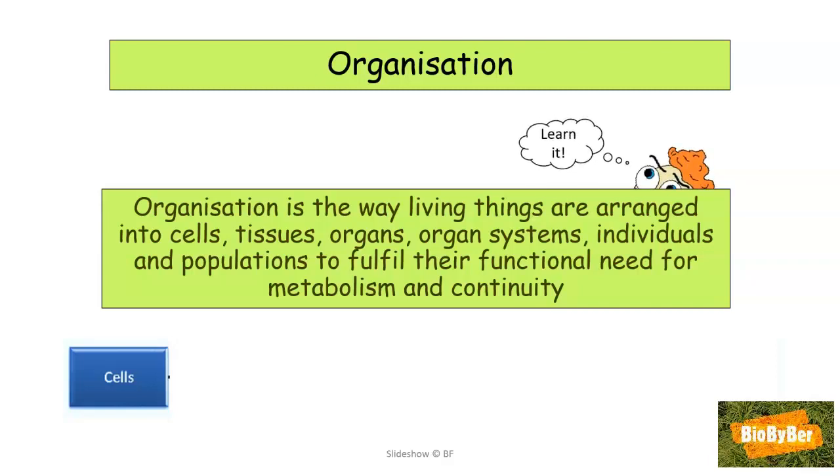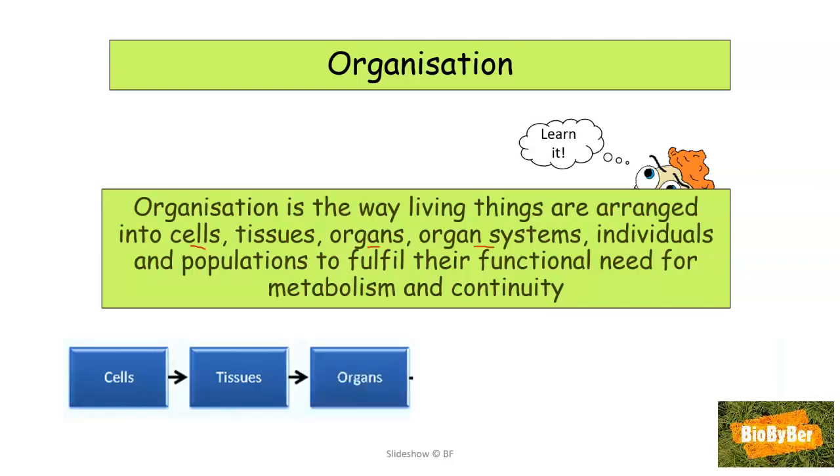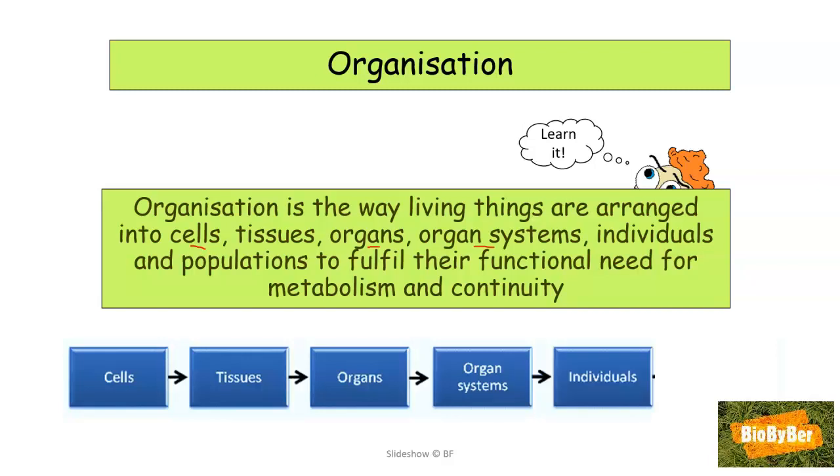Organization is the way living things are arranged into cells, tissues, organs, organ systems, individuals, and populations to fulfill their functional need for metabolism. In other words, to allow them to carry out their chemical reactions and to fulfill the need for continuity, or to allow them to continue to exist.